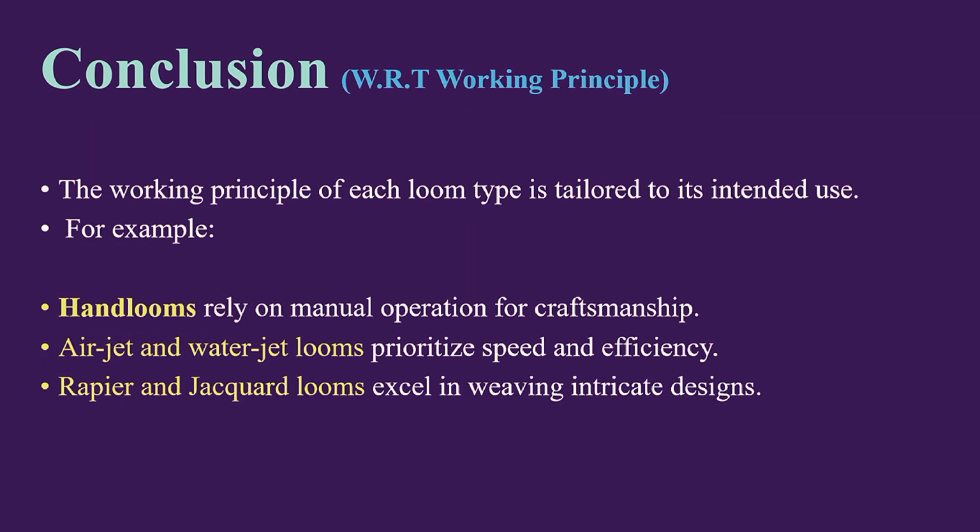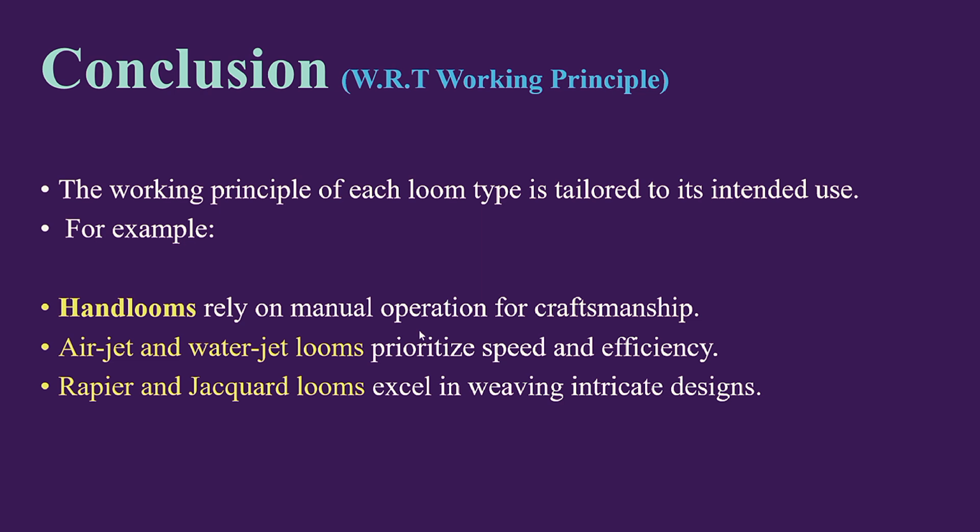Conclusion: with respect to working principle, the working principle of each loom type is tailored to its intended use. For example, hand looms are simple, conventional, and rely on manual operations for craftsmanship, while airjet and waterjet looms prioritize speed and efficiency.